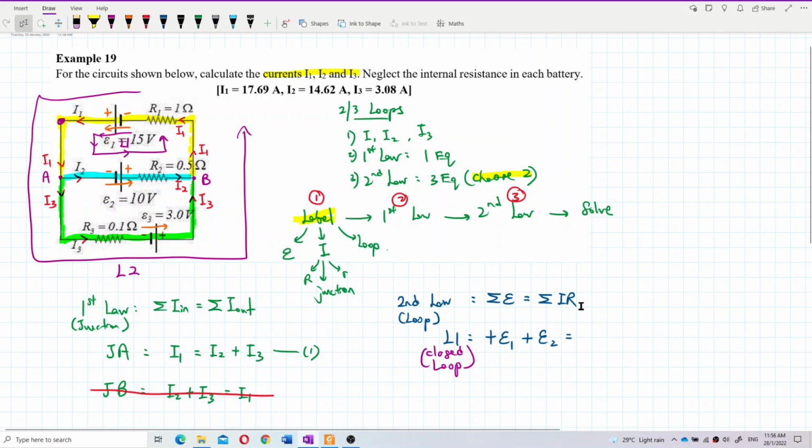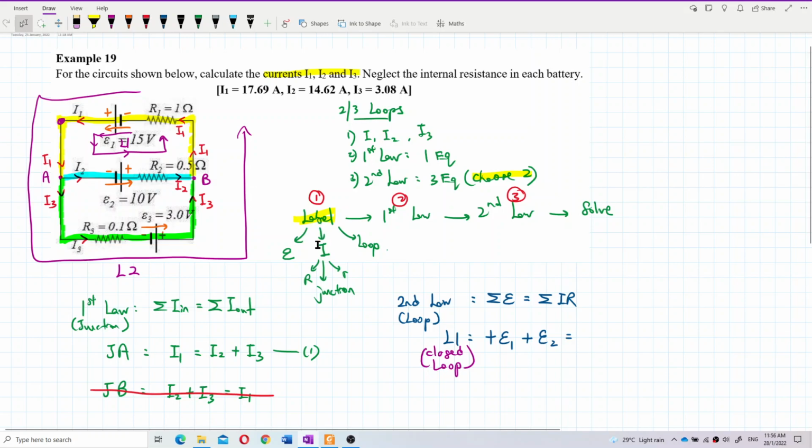Now look at the resistors. In this top loop, how many resistors are there? There are 2 resistors, resistor 1 and resistor 2. For the resistors, look at the current.